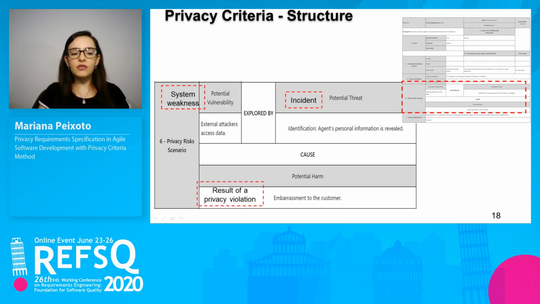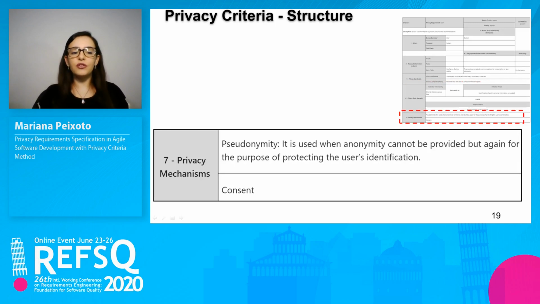In this case, we have embarrassment to the user. After that, you should consider the specification of privacy mechanism, the solution. Here we have pseudonymity to mitigate the identification of the actor, consent because of the constraint.